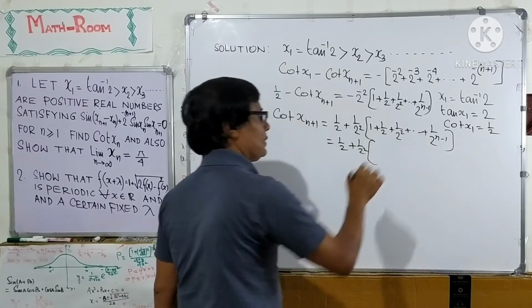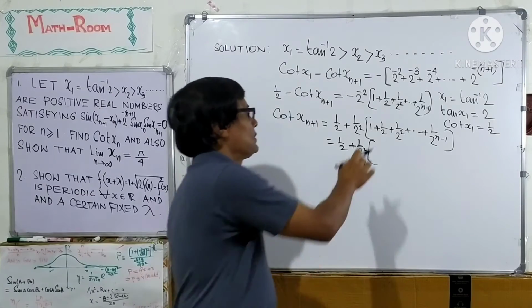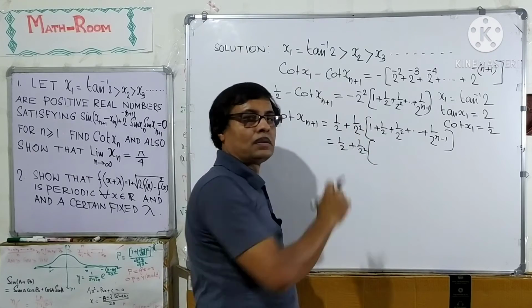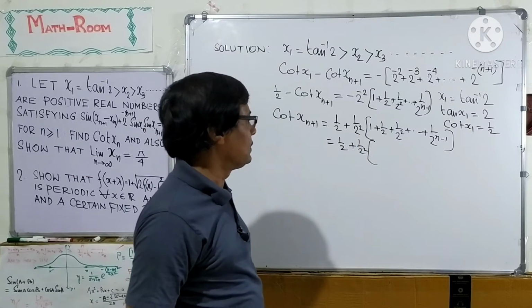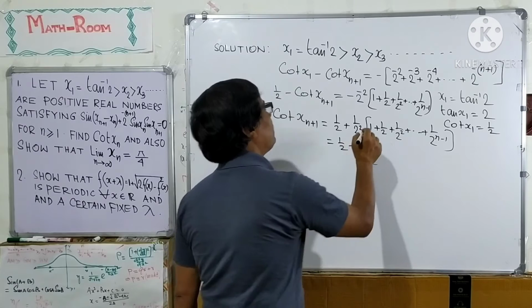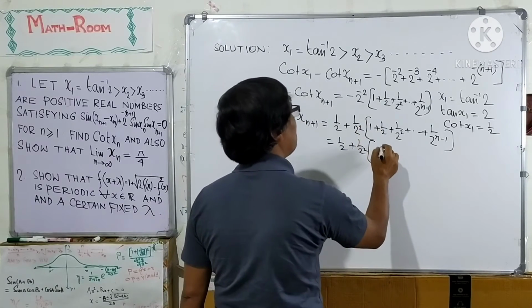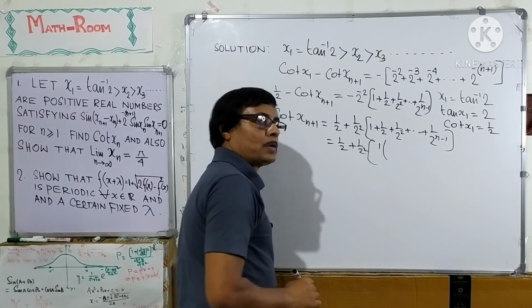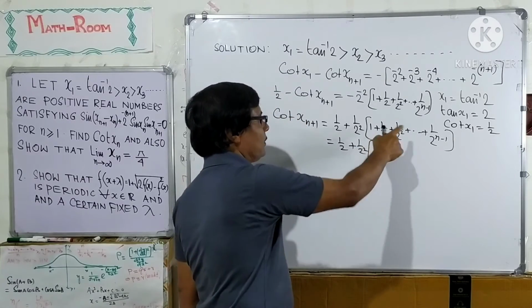Now, this is a finite geometric series. We already know the formula of a finite geometric series. The formula is first term, 1, into common ratio to the power number of terms minus 1, over common ratio minus 1.